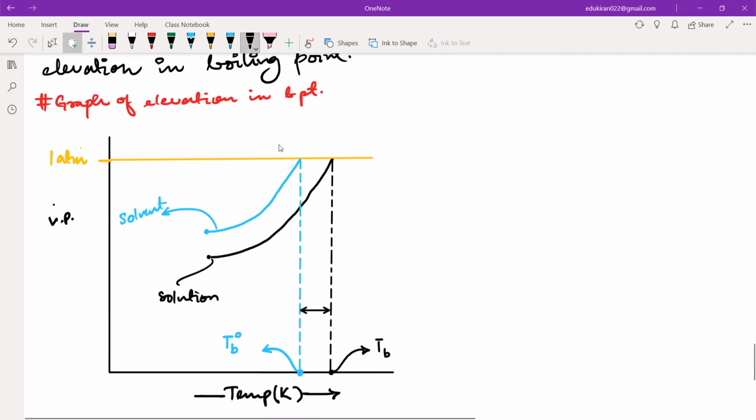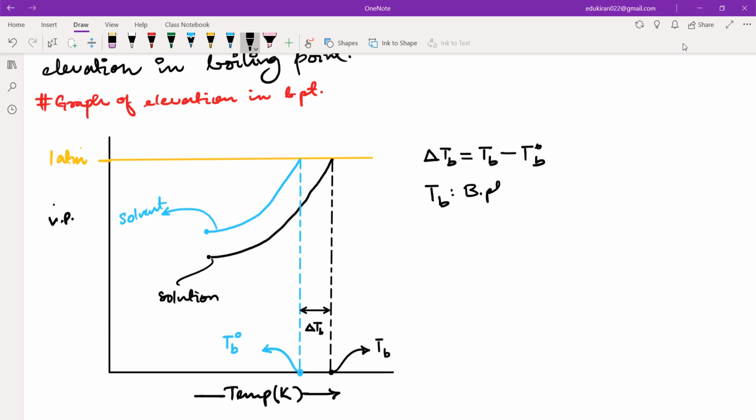And the difference between TB and T naught B will be given as delta TB. Okay, so write delta TB will be equal to TB minus T naught B. TB is the boiling point of solution.